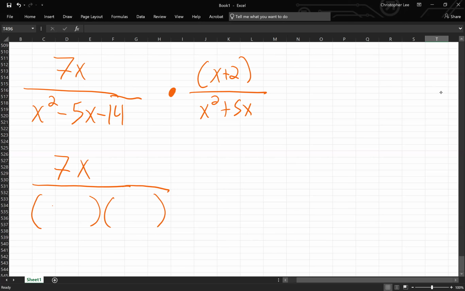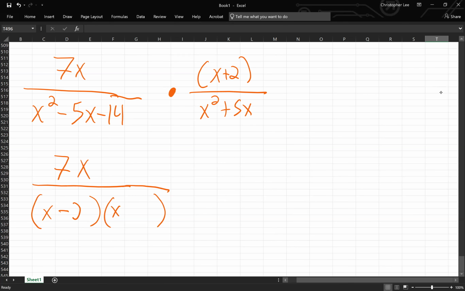All right. I know it's x here and x here. I need two numbers, and when I multiply them, will give me a negative 14, or when I add them together, will give me a negative 5. What are they? Negative 7 and 2.